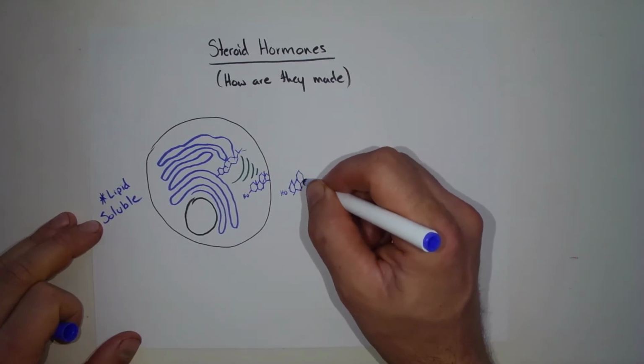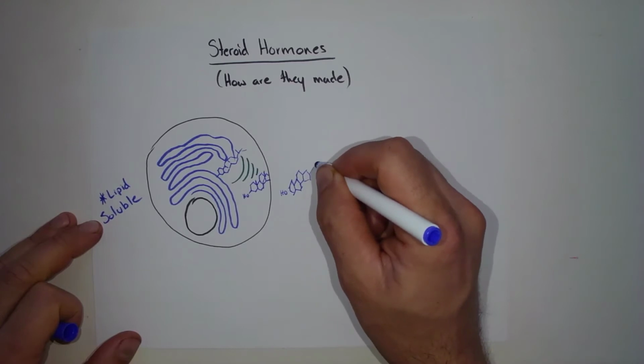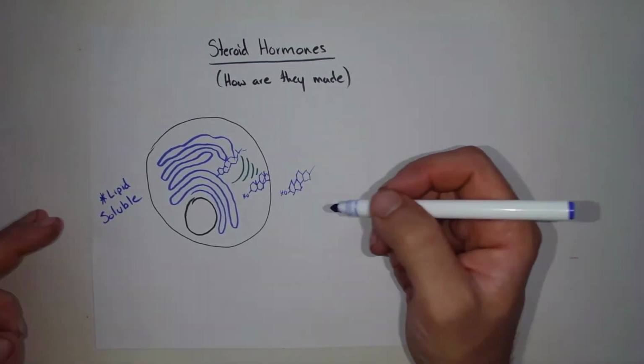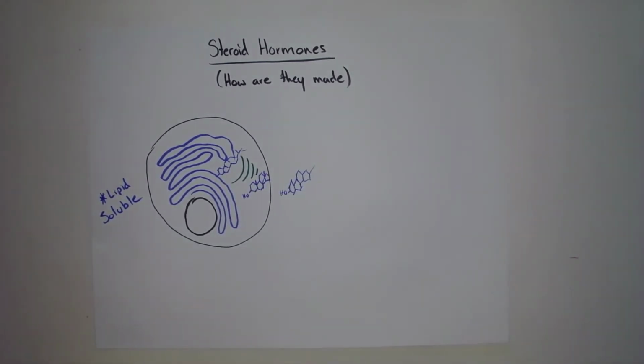Now, amino acid based hormones can't do that. They're stored in vesicles, they're contained in those vesicles, and they can't go anywhere. But steroid hormones can come right out of the cell.